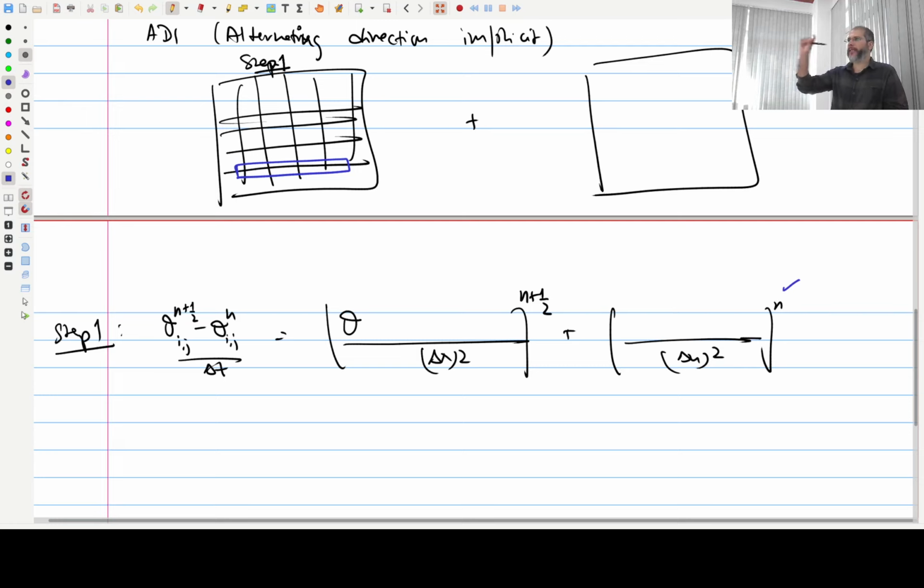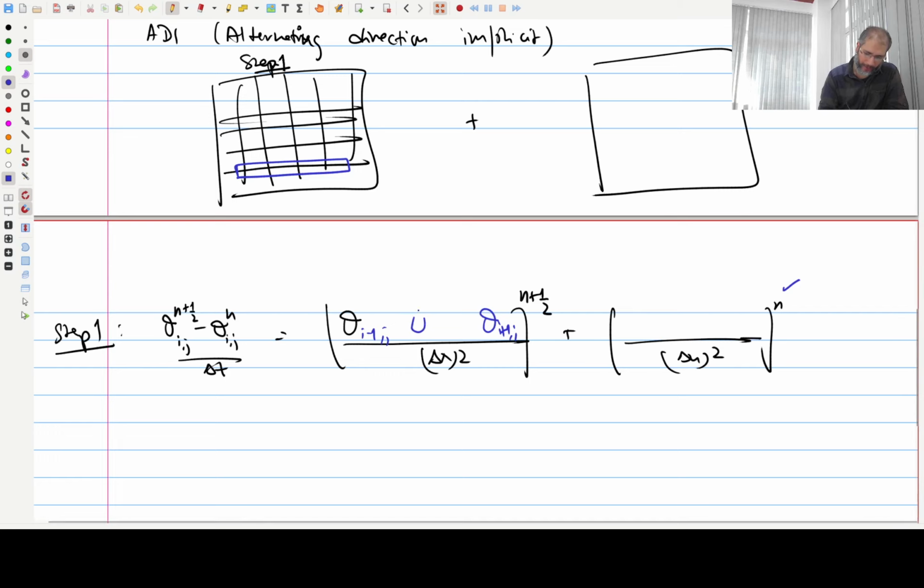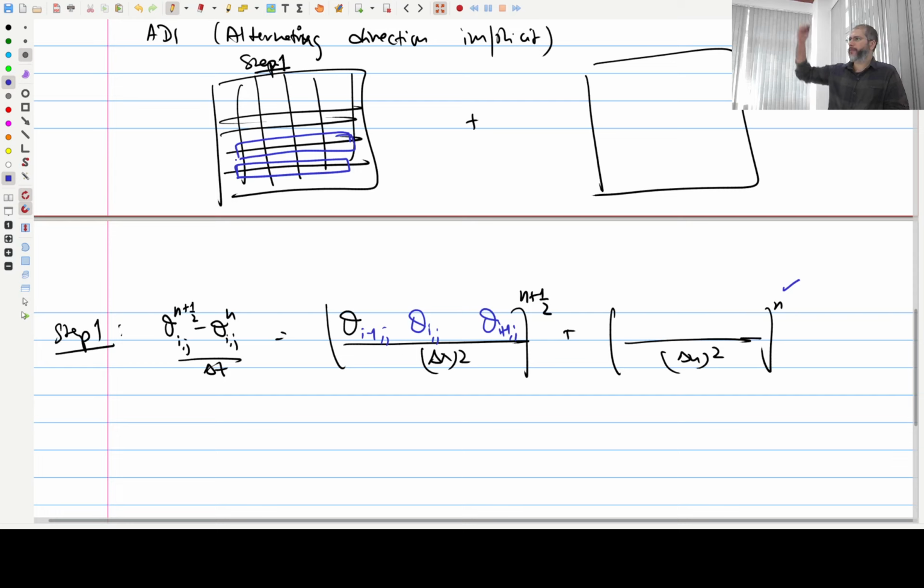So this line, the blue horizontal line that I have shown, you solve it all together using a TDMA, because the unknowns are theta i minus 1, j here, theta i plus 1, j here, and theta ij here anyway. They're all at n plus half, so that is the unknown value here. Okay, so you have a TDMA that you can solve, and then you move up and solve for the next line, again a TDMA. It's very similar to what we discussed, right?